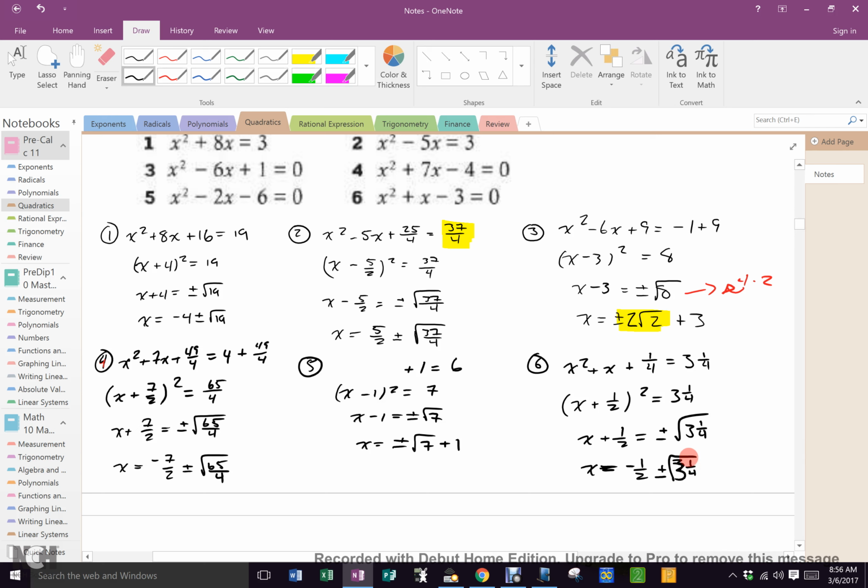Everybody cool with that? Kelvin? What? Simplify 2. Up here? Yeah, you could have. Yeah. Everybody okay? All right, now, has everybody got their graphing calculator in front of them?